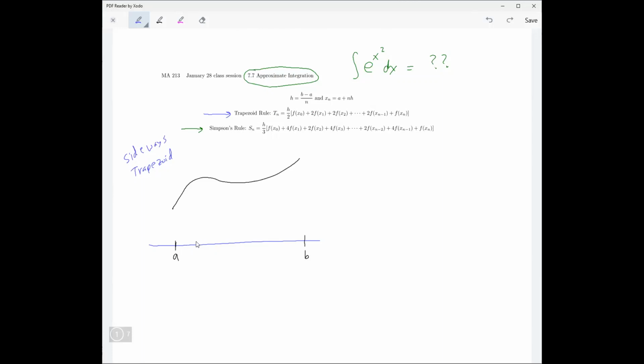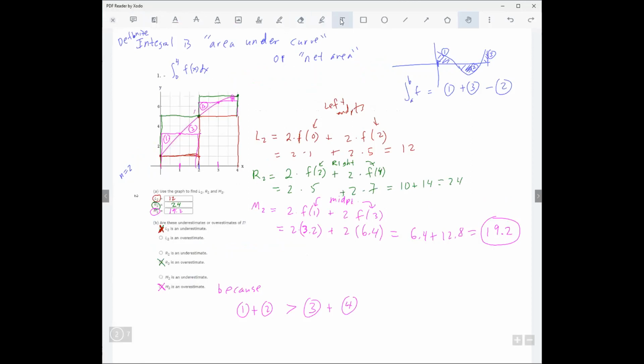What happens is you split this up into equally spaced partitions. You're usually given an n, and you take the total length and divide by that n. For example, here n was 2, B is 4, and A is 0.